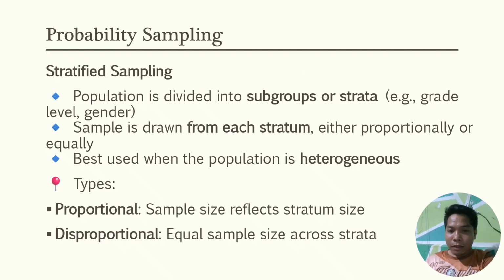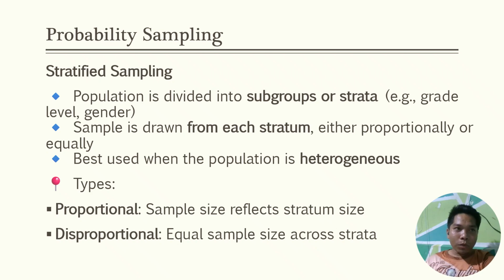It is not equal when you get, for example, a total of 20 respondents from that 100 with 10 male and 10 female, because the total number of males compared to females are not proportional. So you need to get the proportional.